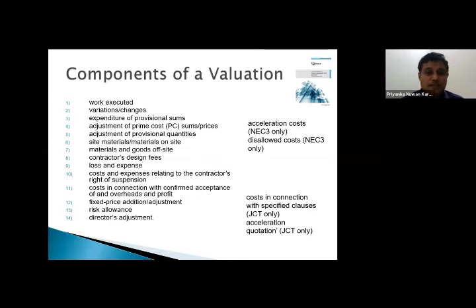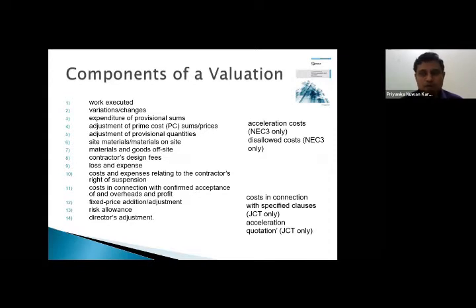Then materials and goods off site. Even though the Oman conditions of contract do not specifically mention materials off-site, I think the new version is mentioning it, which is yet to be practiced, and mostly revolves around the FIDIC 1999 version. However, the version that we are using is still without materials off-site.